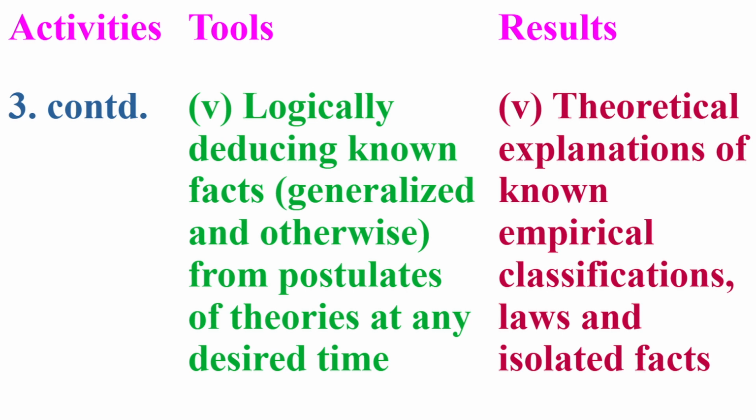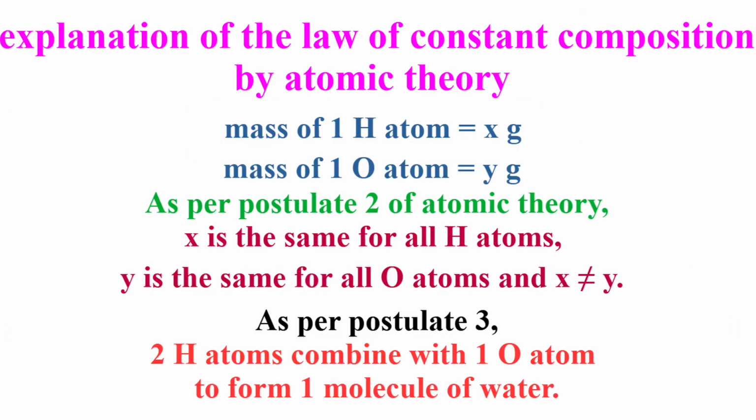Let us look at 2 examples of such an elegant explanation by a theory. Notice that wherever needed, we make a reference to the corresponding postulate. First, we will consider the explanation of the law of constant composition of Daltonides discussed in part 2 by atomic theory.